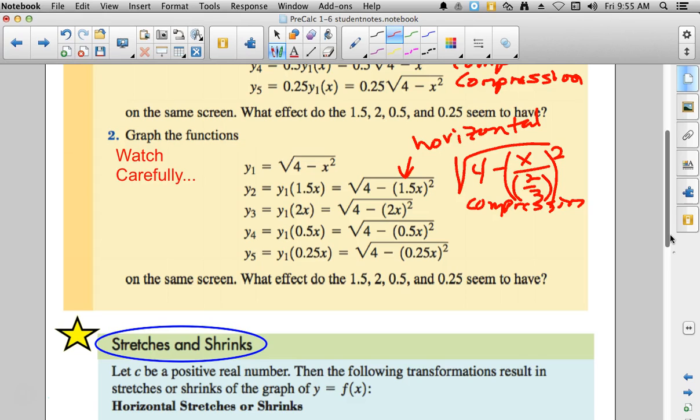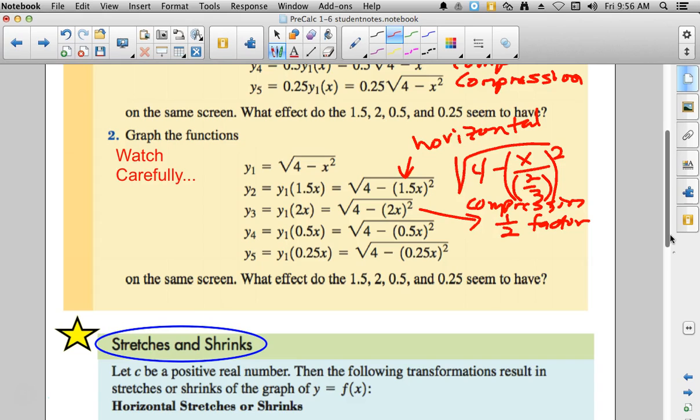What did they divide by to get that 2 there? 1/2. They divided by 1/2. What we know about the vertical is the opposite with the horizontal. So this one, even though in our mind we'd say that's got to be a compression, that's not a compression. How did they get that 1/2 in front of it?